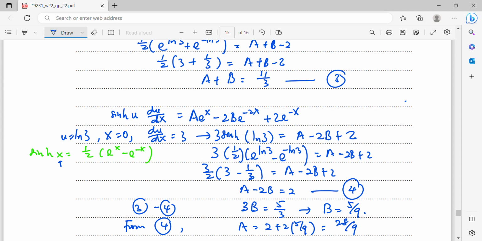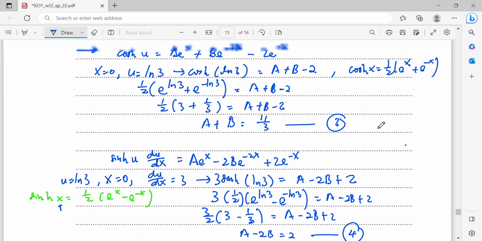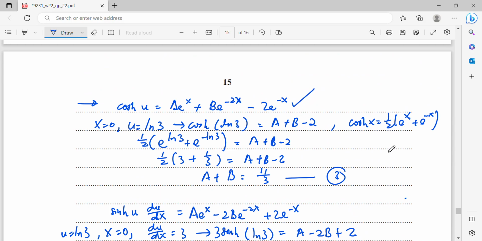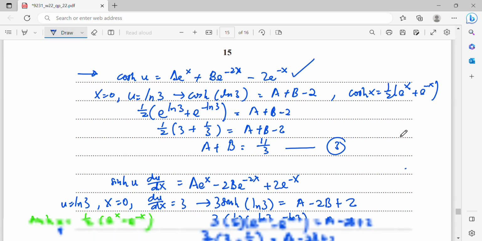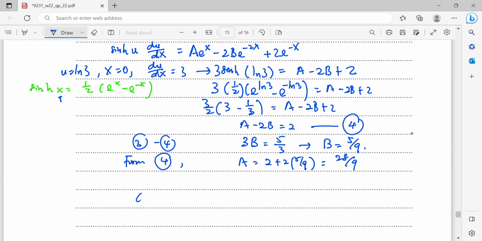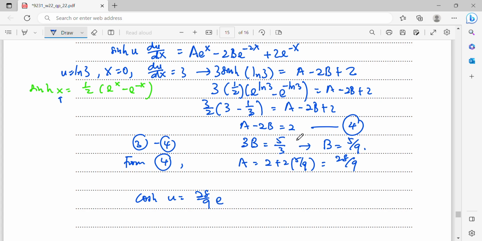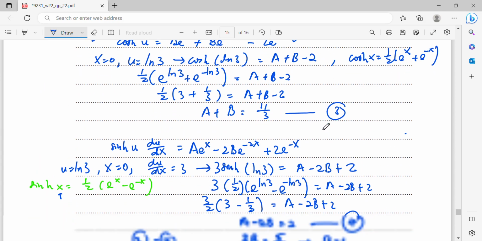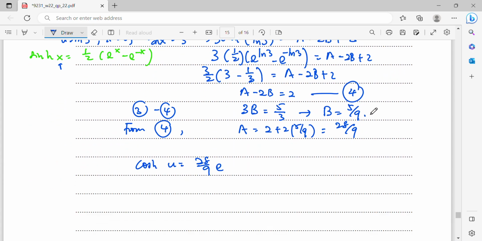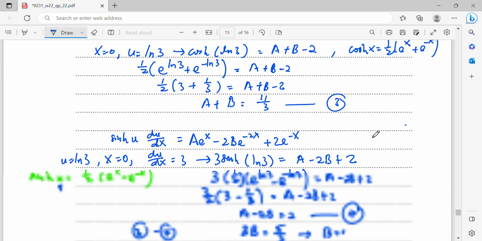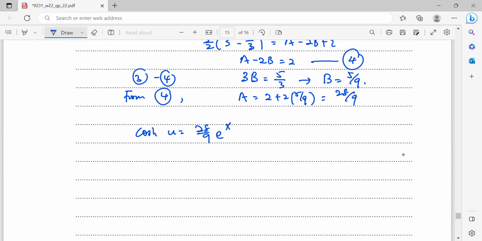Once I get my A and B, now I will rewrite my cos u. So I will write cos u equals A is 28/9, Ae^x. Then Be^(-2x), so the B is 5/9, so plus 5/9 e^(-2x).